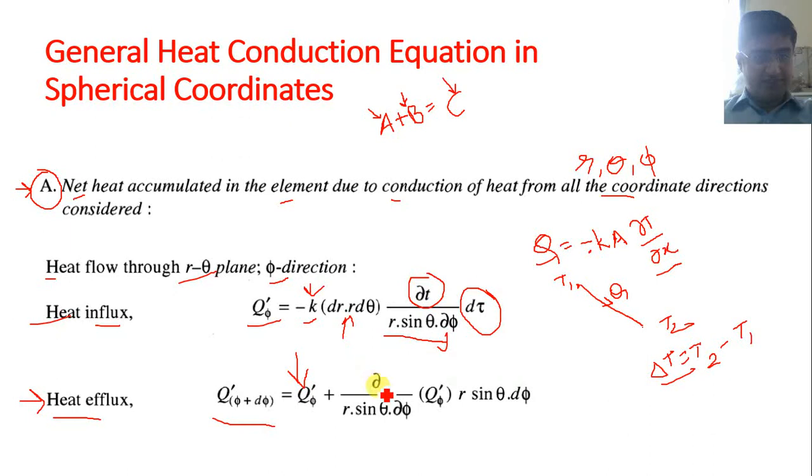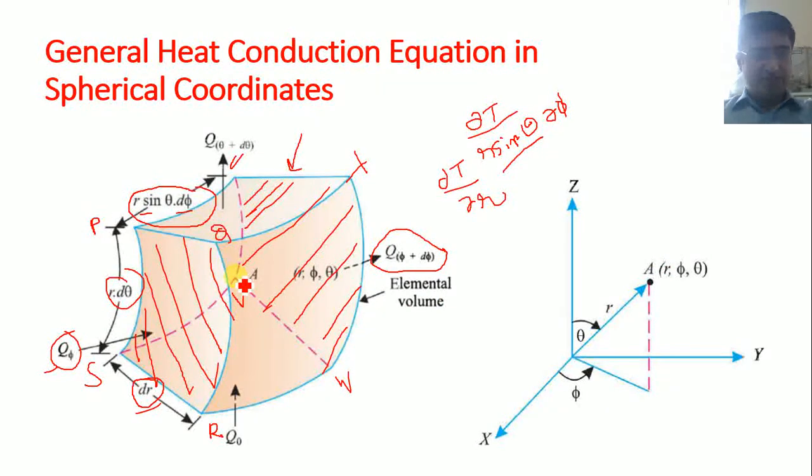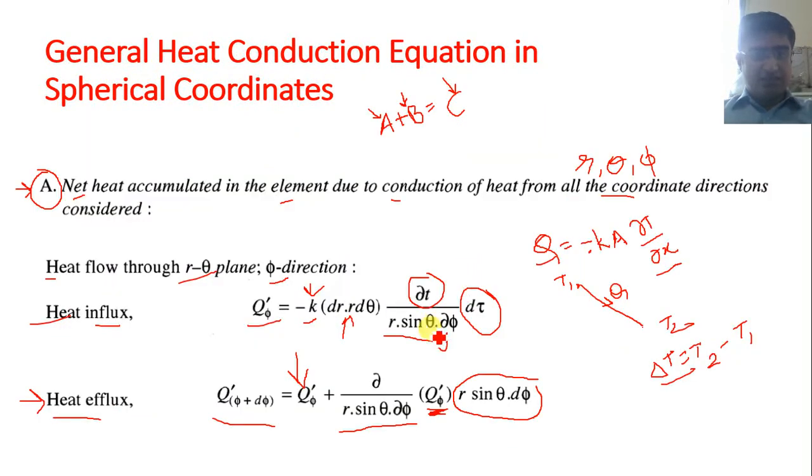Here you can see the rate of change of heat which is given as del q phi, and here is the direction which is r sine theta into d phi, and within the thickness of r sine theta into d phi. Here you can see the rate of change of temperature in the phi direction, which in this case is written as del t upon r sine theta into d phi.